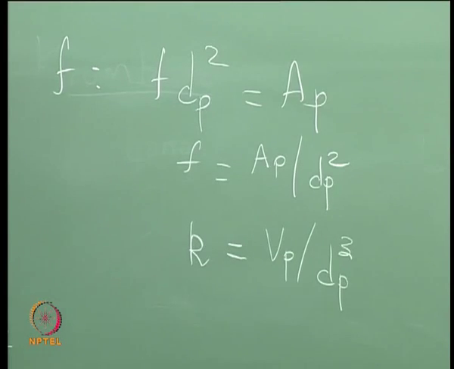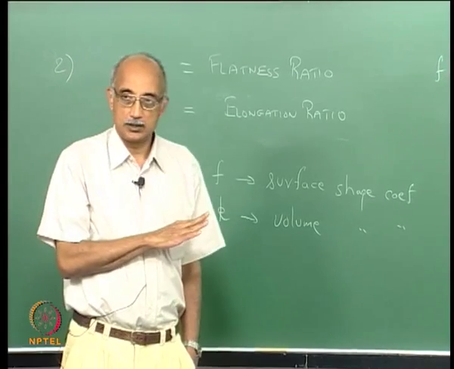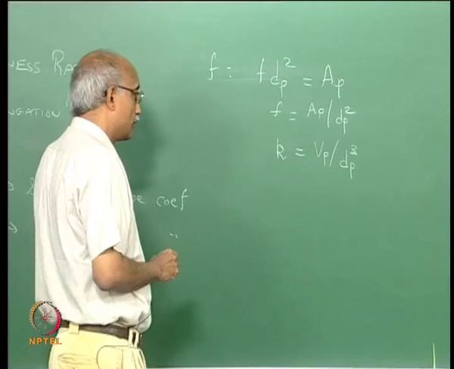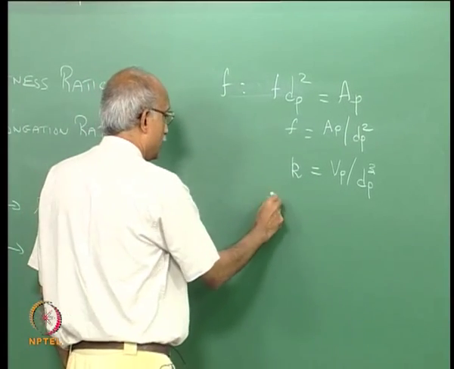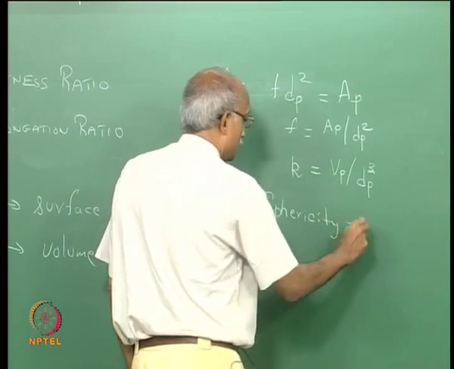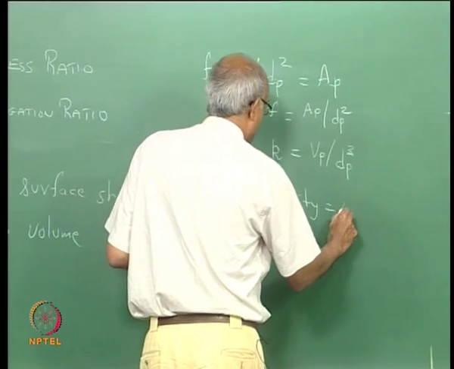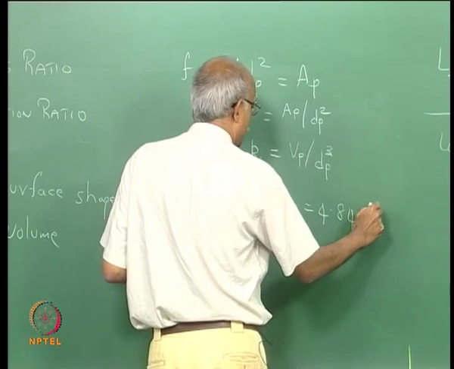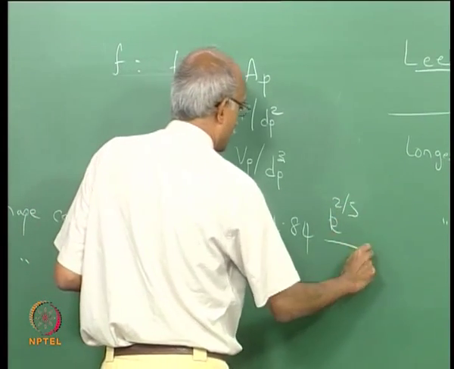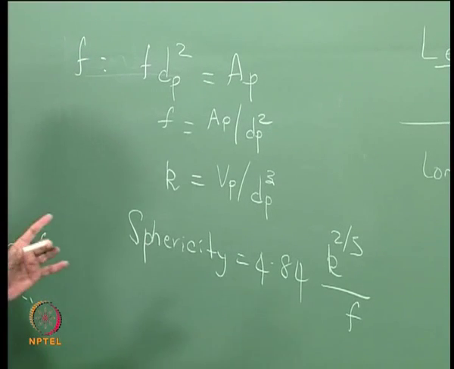He then proposed shape comparators that were based upon these values of F and K. For example, he defined sphericity, which is obviously a measure of how spherical the particle is, and his definition was sphericity equals 4.84 times K to the power 2 by 3 over F, which is a non-dimensional value, by the way.